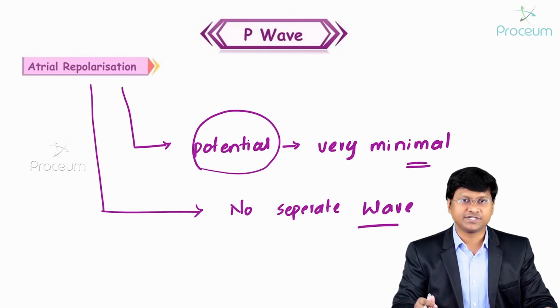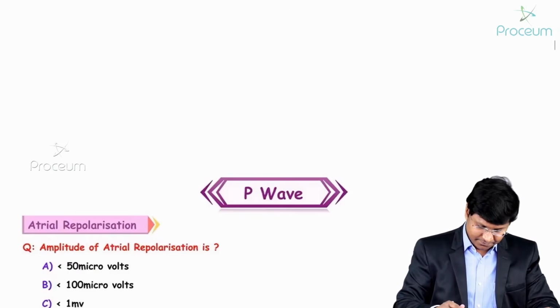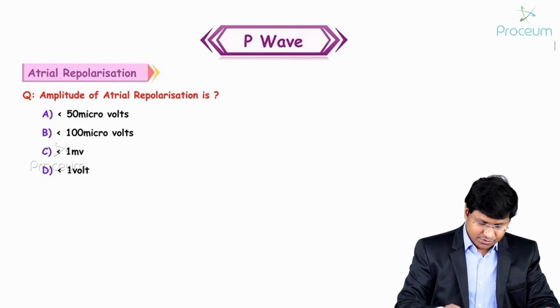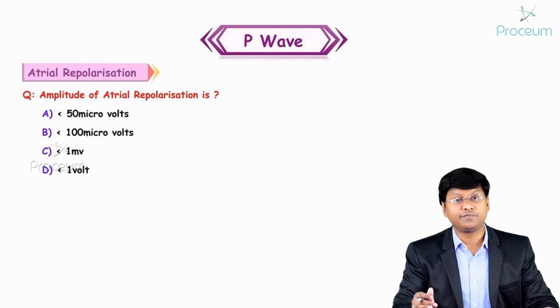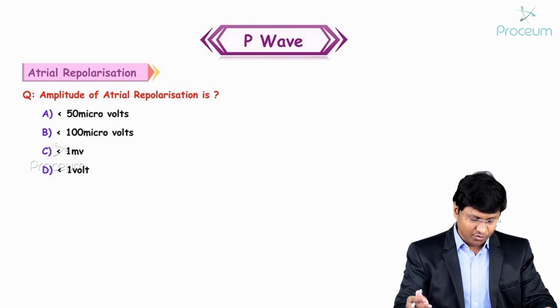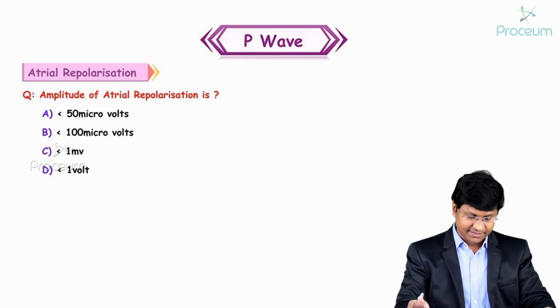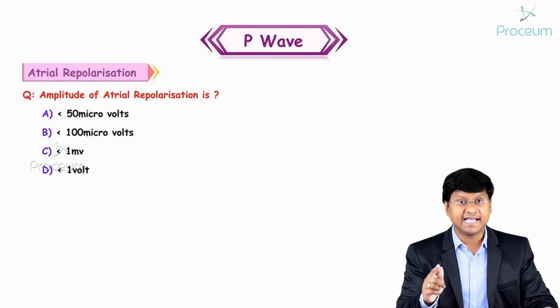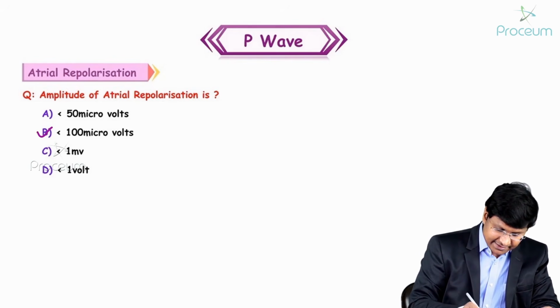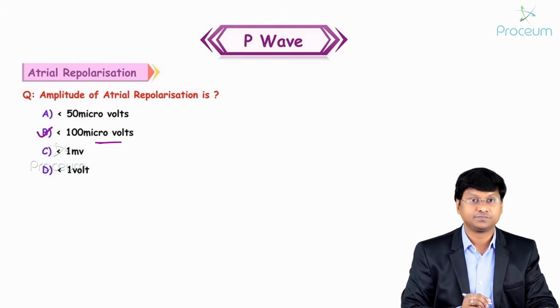Now you see the question here. The amplitude of atrial repolarization is: less than 50 microvolts, less than 100 microvolts, less than 1 millivolt, or less than 1 volt. The answer is less than 100 microvolts.